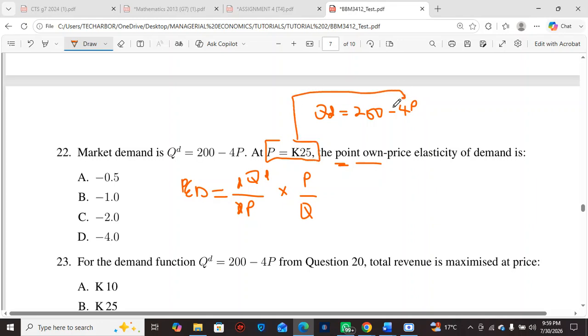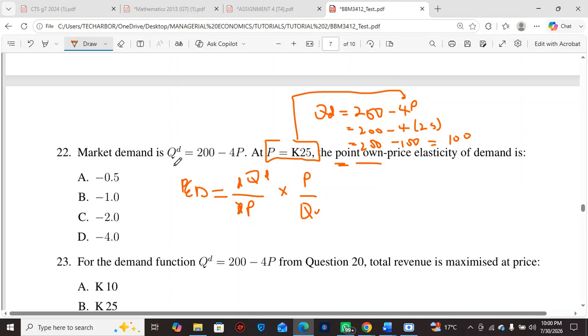So that becomes 200 minus 4 multiplied by 25. 4 multiplied by 25 is 100. So 200 minus 100 gives us 100. So when the price is 25, the quantity demanded will be 100. So we found our Q.